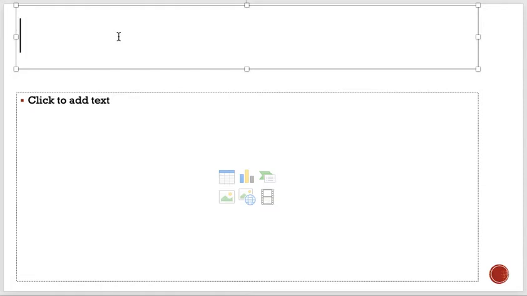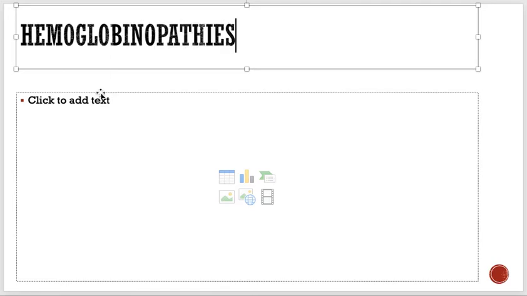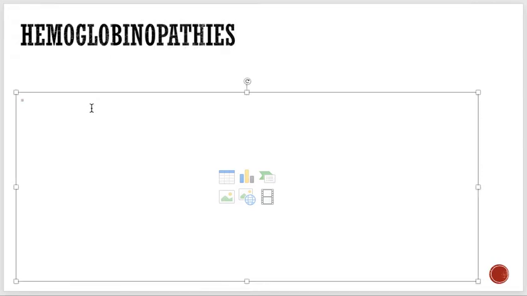So simply we can say thalassemias are hemoglobinopathies. Of course, there is some pathology in the hemoglobin. The hemoglobin structure is not normal, right? Now, hemoglobin is made up of iron with globin. And what is globin? It is the protein part.